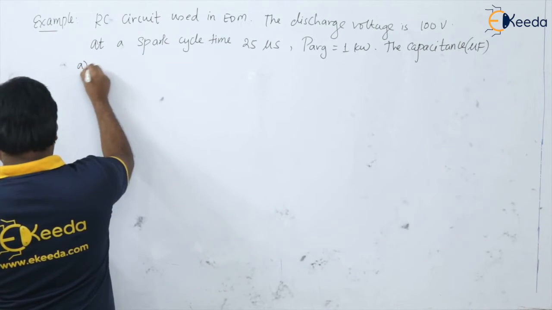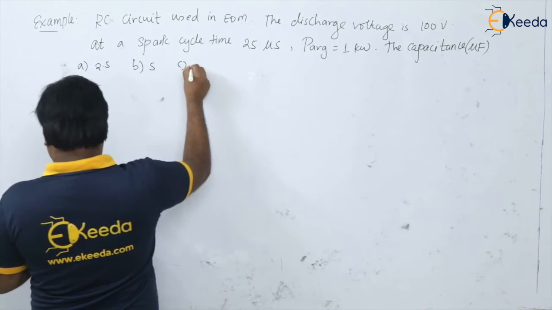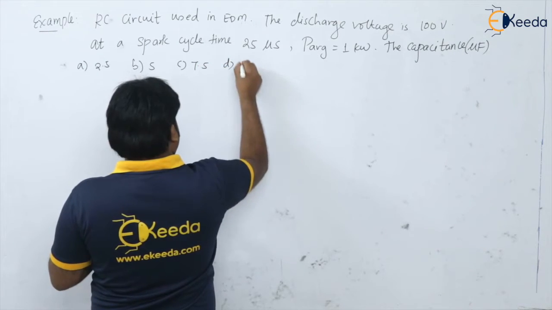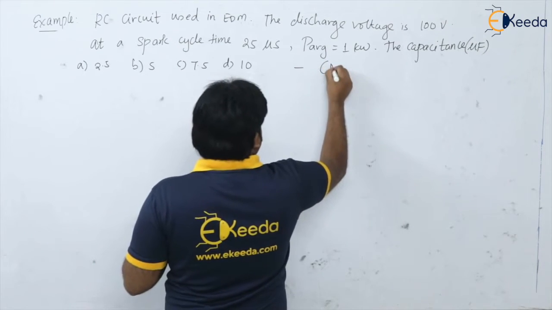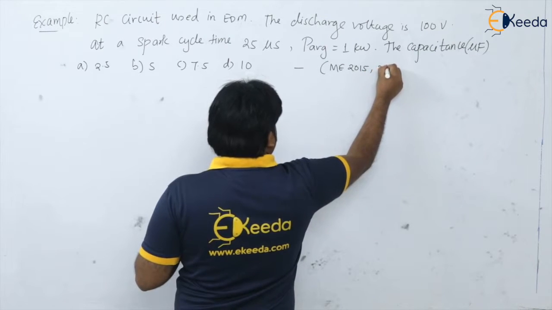Option A 2.5, option B 5, option C 7.5 and option D 10. This is GATE ME 2015 question for 2 marks.